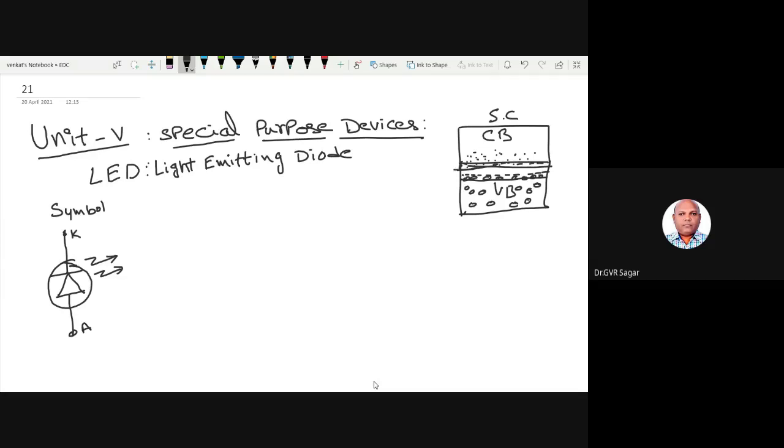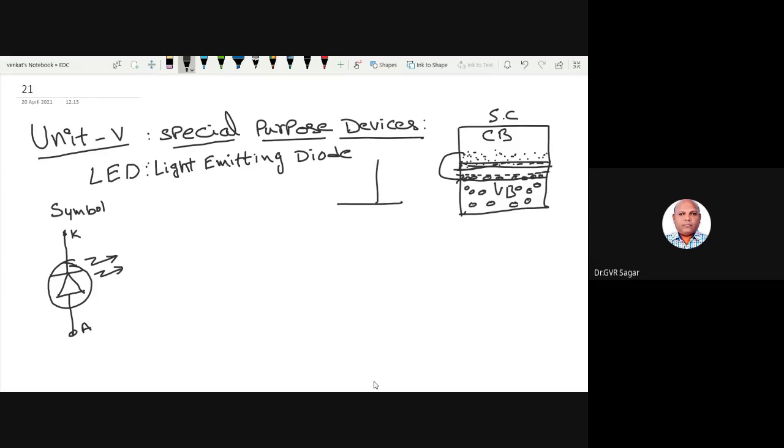Whenever these electrons, which generally have the higher energy level, jump into the acceptor level or valence band, they can combine. That is the diffusion process.